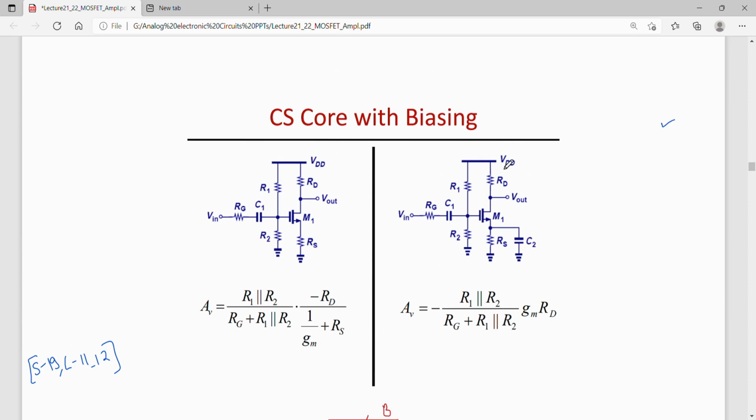Now let us bring in this voltage divider biasing along with emitter degeneration into the common source configuration. So this is a better bias circuit where voltage divider bias and also emitter degeneration both are present. One can find out the gain of this circuit.